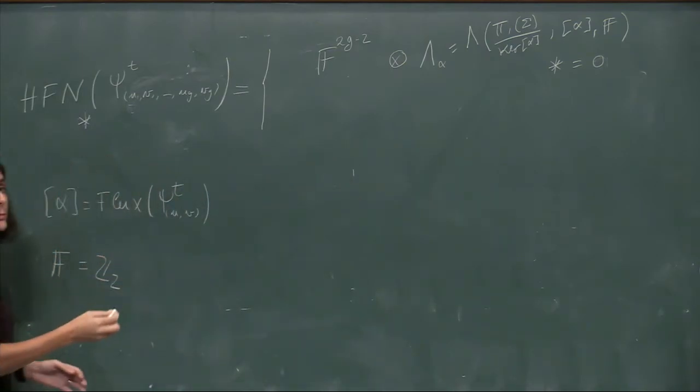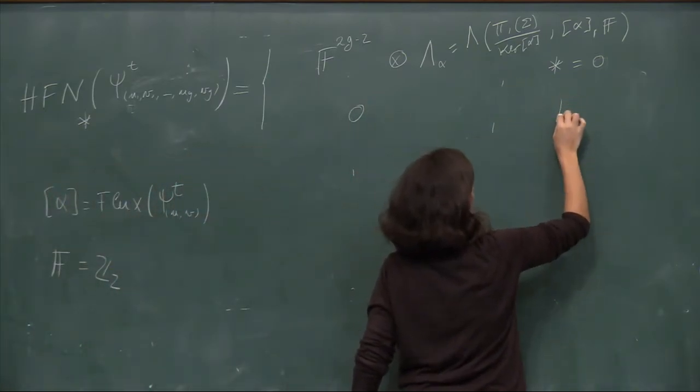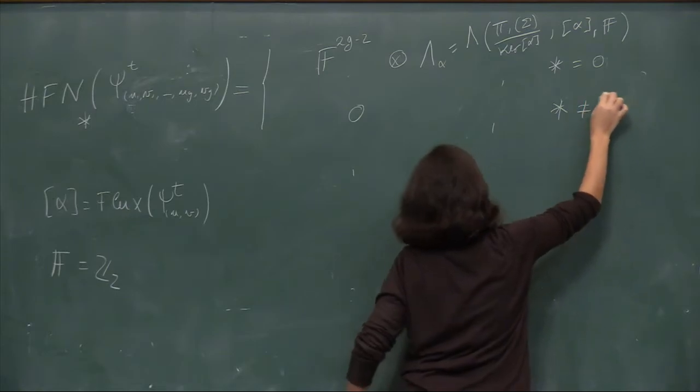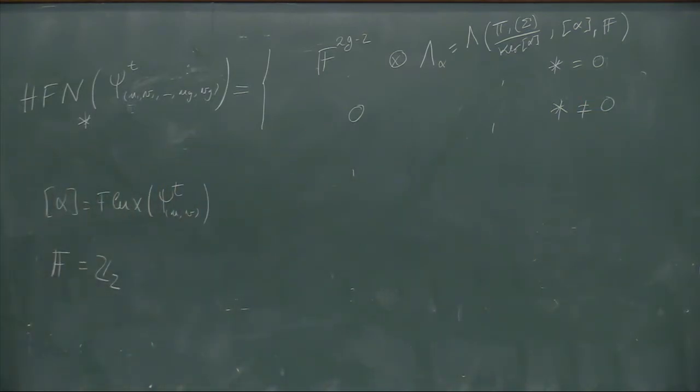And I have no other periodic orbits, so in degree different than 0 the Floer-Novikov homology is 0. If I have an isotopy which has the same flux, then the Floer-Novikov homologies are the same.